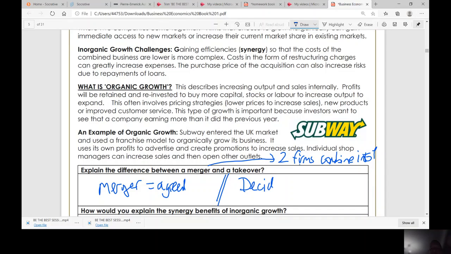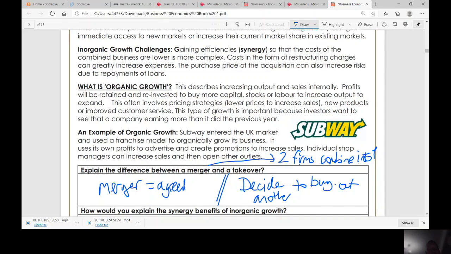So this doesn't need to be agreed. And it tends to be that the firm that does the takeover will be the firm that is left at the end of it. So the kind of Cadbury's and their brands become part of Kraft.